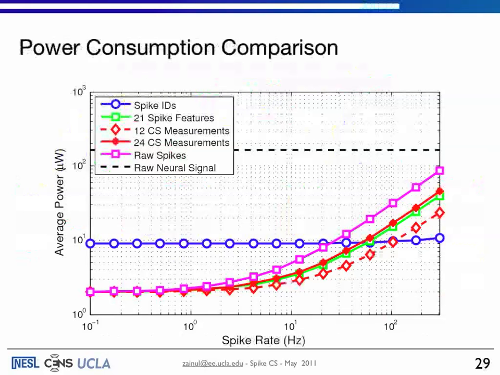The 24 CS measurements is if you want about a 20 dB SNR, and the 12 is if you want a 90% sorting accuracy. So you won't get a good SNR with just 12 measurements, but you'll get good sorting accuracy, which is all that some people need.